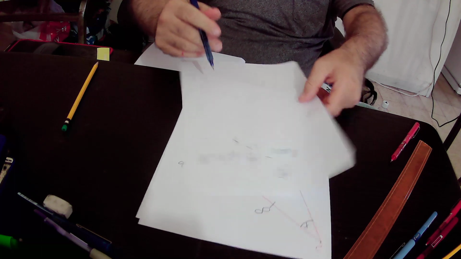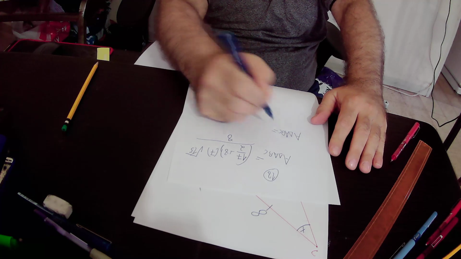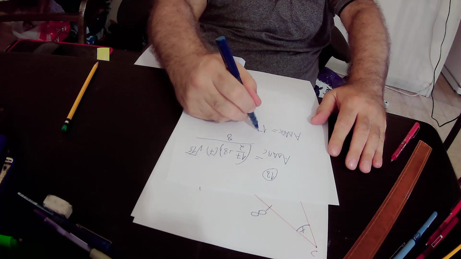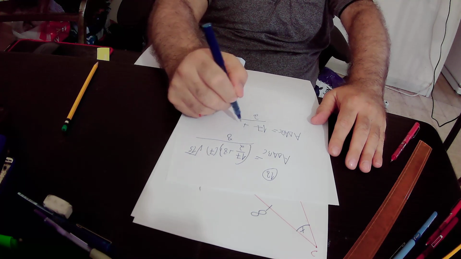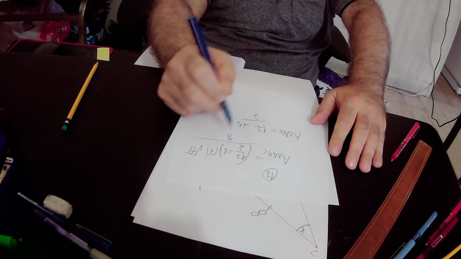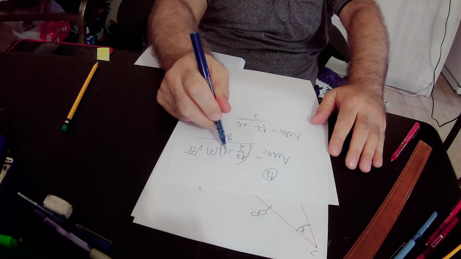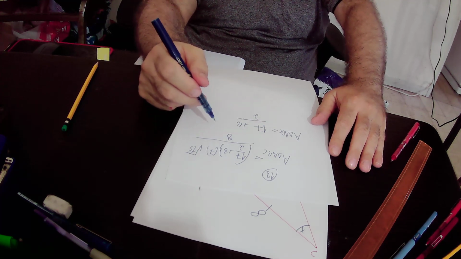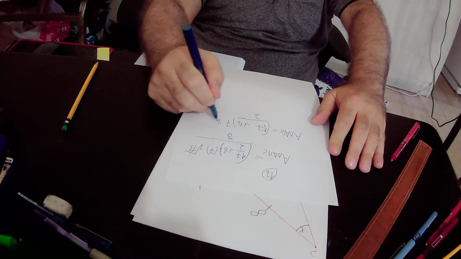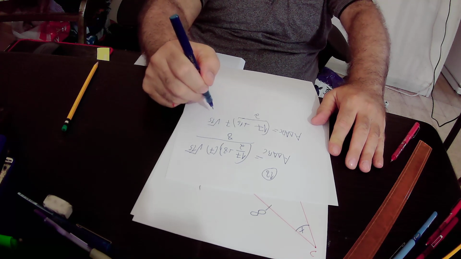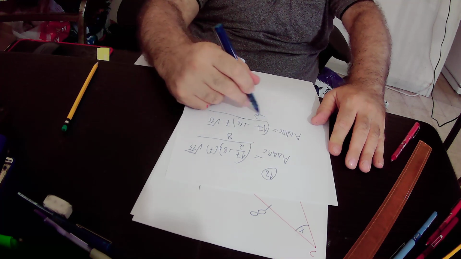So the area of triangle ABC will be equal to 17 over 2 plus 16, because 16 over 2 is 8, so we didn't change anything, times 7 times root 15 over 8.